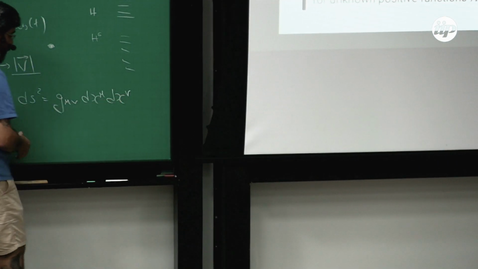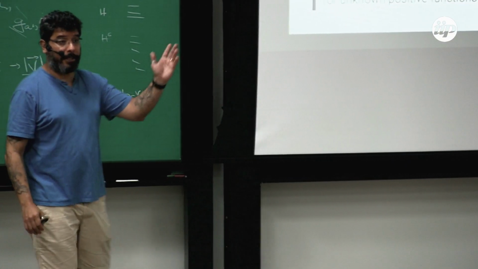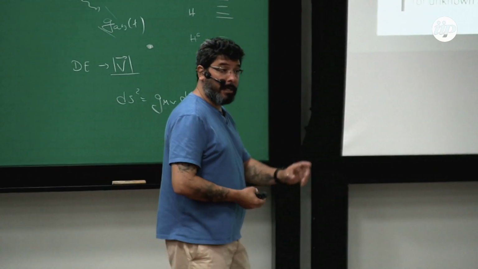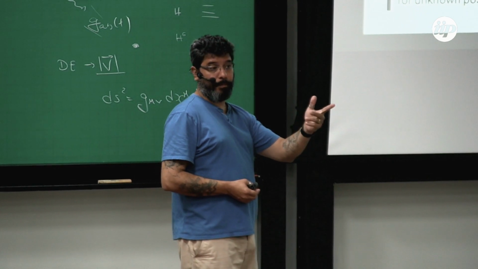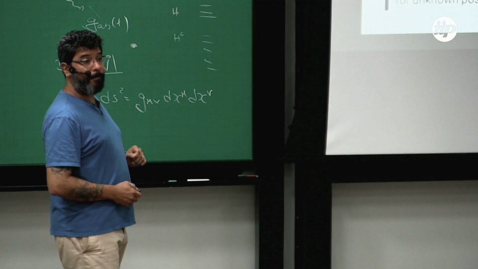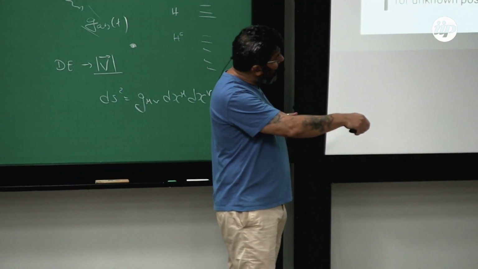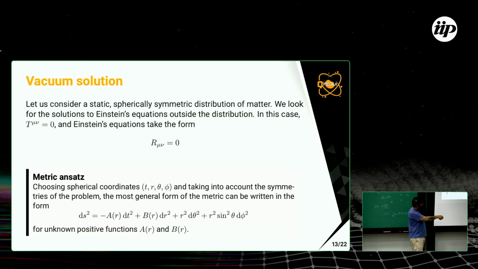Where these are the coordinates, so we could have x and t, y and t, and things like this. But if I have these terms, then time reversal symmetry would be broken, so we cannot have these terms in the metric. And spherical symmetry demands this, and demands that these functions should depend only on the absolute value of the coordinate.